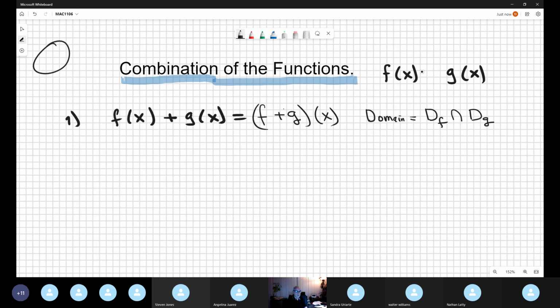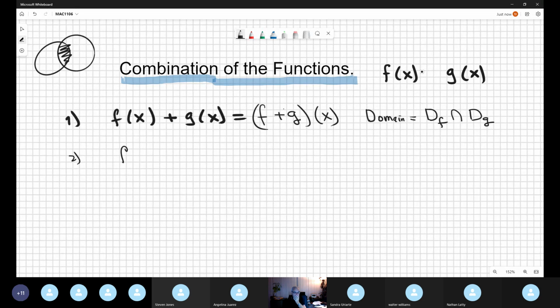So you have domain of f and domain of g, and the common part is the domain. Always happen, always. Because if it's completely out, the domain of f is totally undefined, at least one part. So see, this is undefined, and this is defined. It's obvious that the combination is undefined. So it's the intersection between the two domains. Always. No, always. In one scenario it is different.